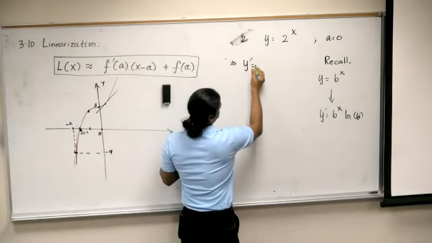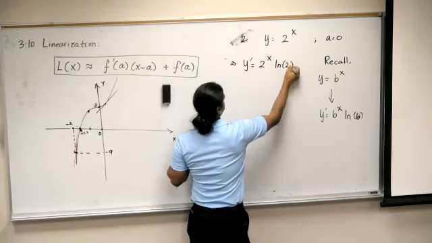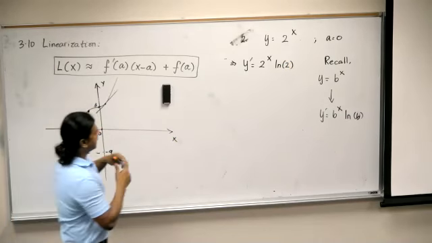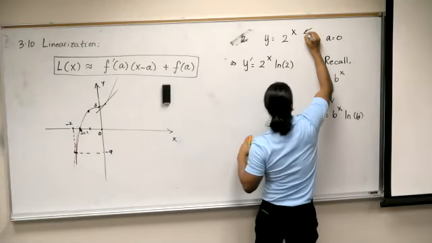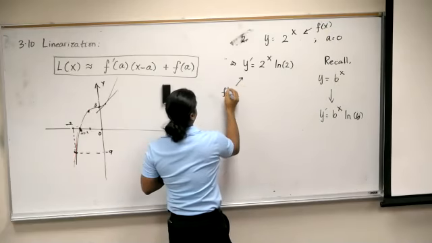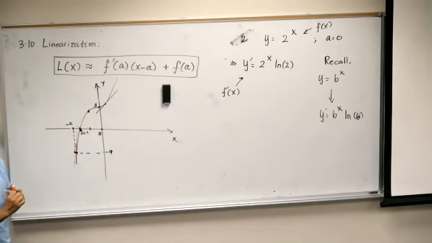So the derivative would simply be 2 raised x multiplied by ln of 2. The original function is f of x, and that would be f prime of x. Now we simply have to find a linearization.